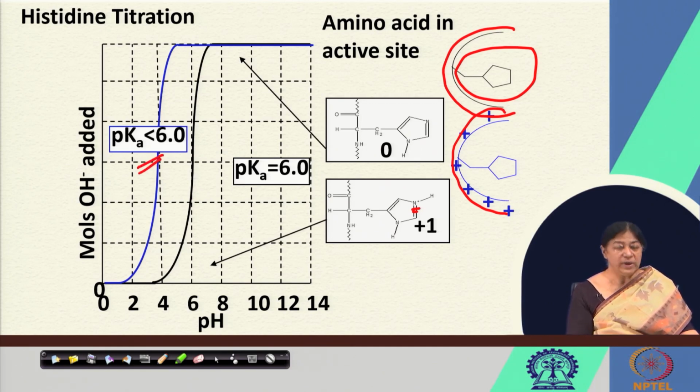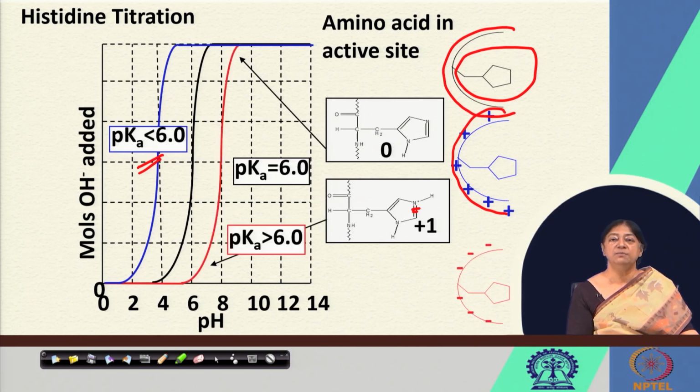In the same way, if this is surrounded by negative amino acid residues, in abundance we have acidic amino acid residues, it would rather hold on to the proton and prevent its loss as much as possible, rendering a pKa value that is greater than 6.